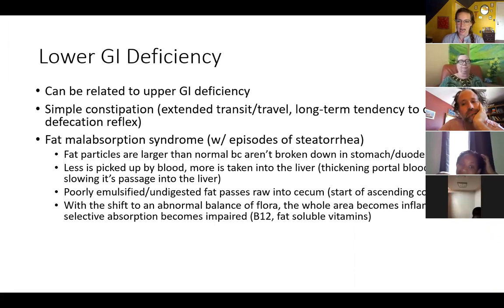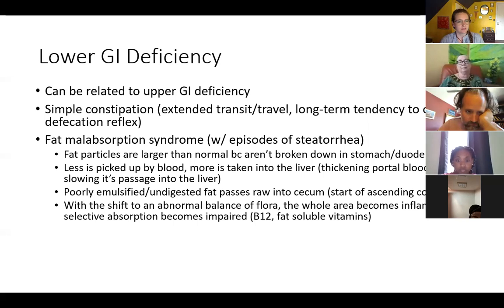And then after an hour and a half or two, you don't have to go anymore. And then the next day you don't go at all. And then you kind of get worried. It's just a structural thing that happened, and it's not some greater cause. But doing that over and over again can cause a lower GI deficiency, because that pattern of slowing down the transit time becomes a pattern in the body.